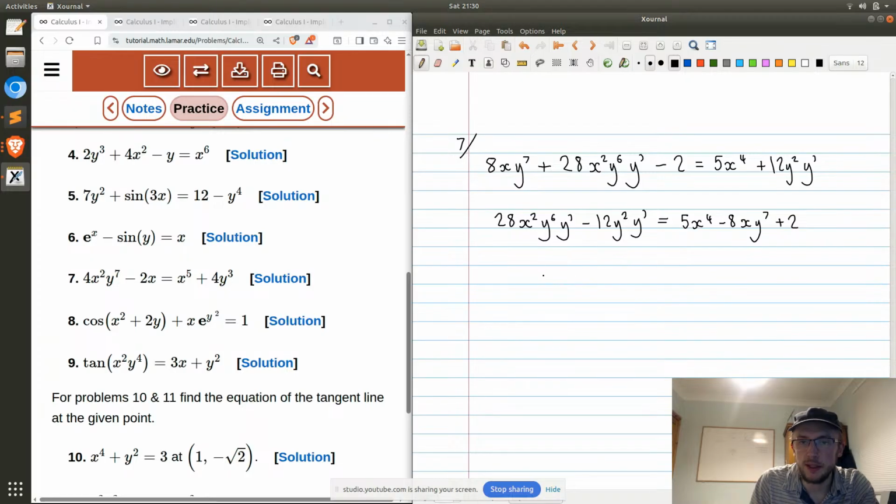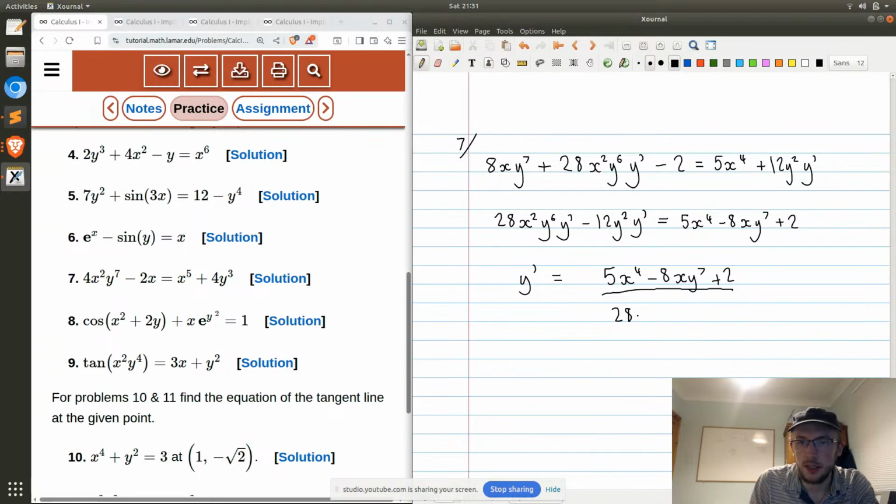And now in one step, y prime should equal everything that's there on the right divided by the result of factoring out y prime from the left.